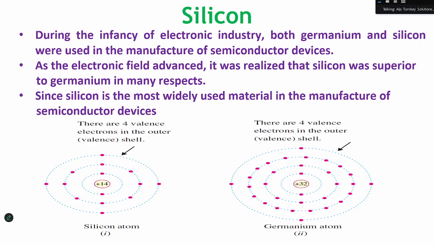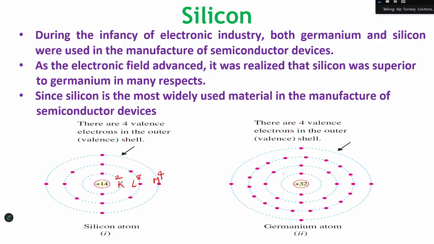This is the atomic structure of silicon and germanium. Silicon has a valency of 4. In the first K shell it has 2 electrons, the L shell has 8 electrons, and the M shell has 4 electrons.